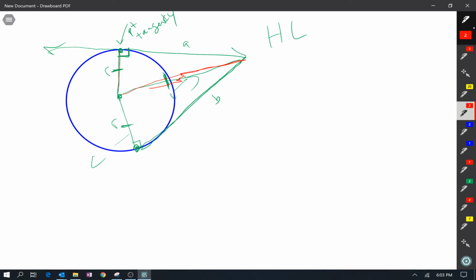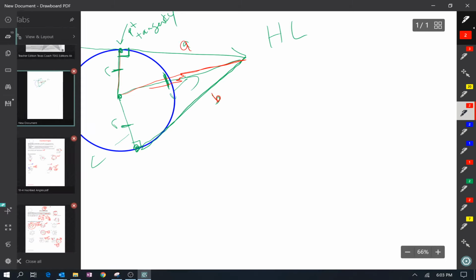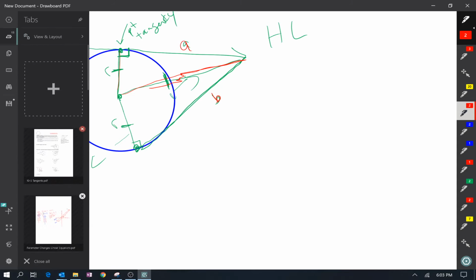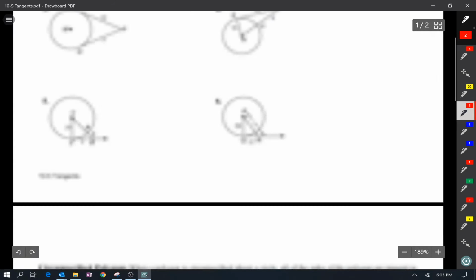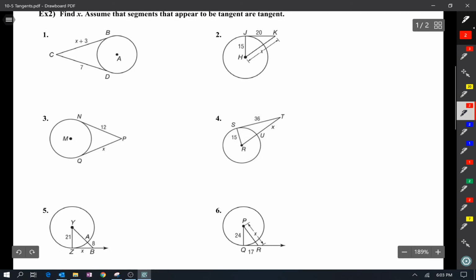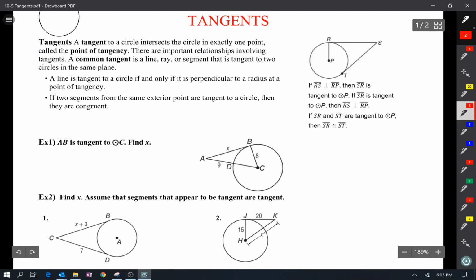So hypotenuse leg says these triangles are equal, which means that A is equal to B. That is the first thing that we're going to do in these notes: when something is tangent, these two are going to be equal. RS is going to be equal to TS. And also don't forget these are going to be right angles with the center. That's the first thing.